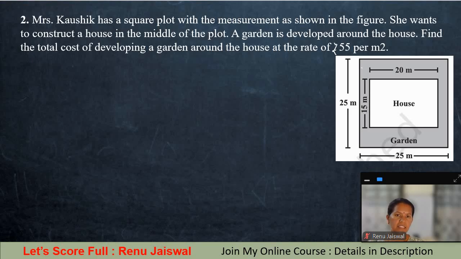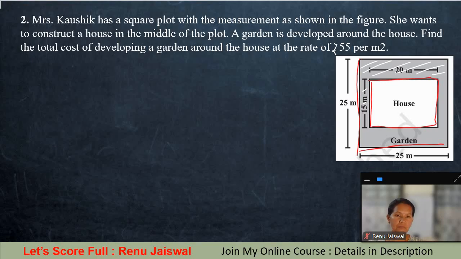So the garden is this area, and for that I need to calculate the area of the garden. To get the area of the garden, see here, I have the complete plot size from here to here. If I subtract the area of the house from it, I will get the area of the garden, and then once we get that area, we can calculate the cost.